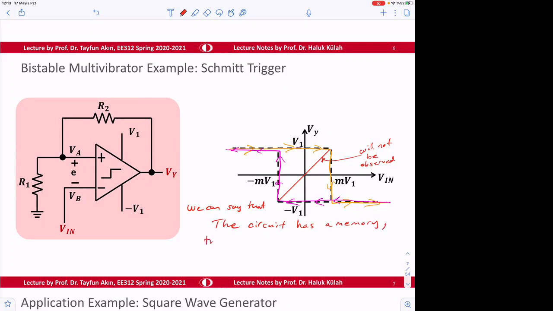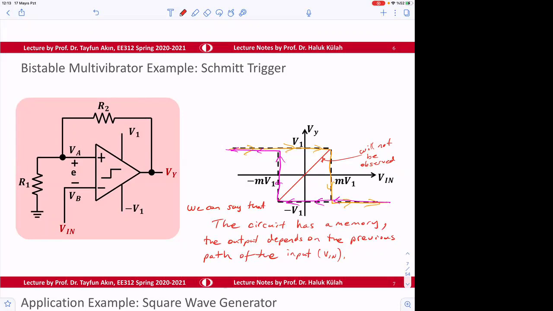The output depends on the previous path of the input. Okay, so what can we do with this?